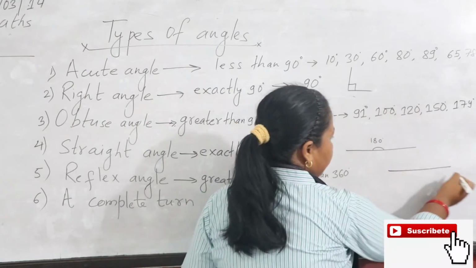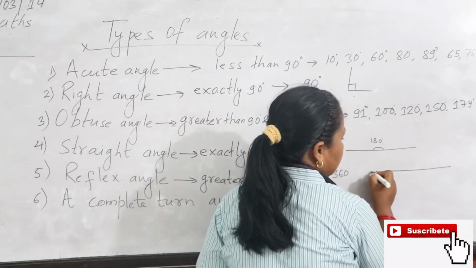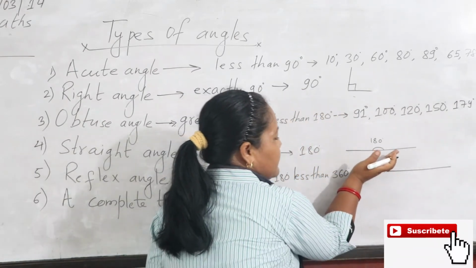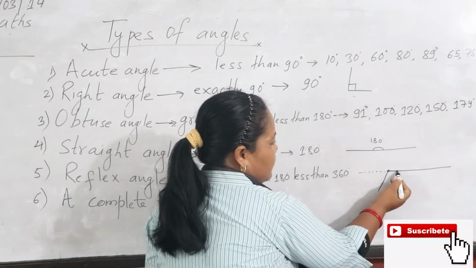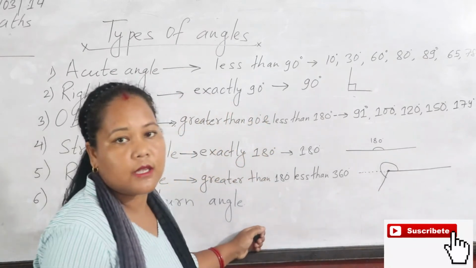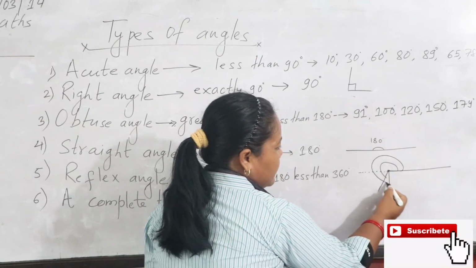Yes, this is 180 degree. We have to draw the angles greater than 180. It means like this. From here, it started up to here. This is a reflex angle. Look, this is also a reflex angle.